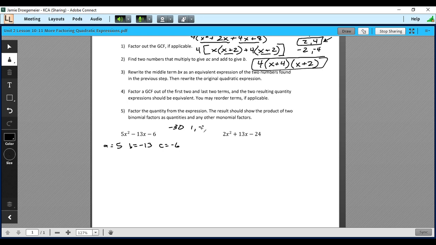So I could take 1 times negative 30, negative 1 times positive 30, 2 times negative 15, negative 2 times positive 15. We have 3 times negative 10, excuse me, negative 3 times positive 10.